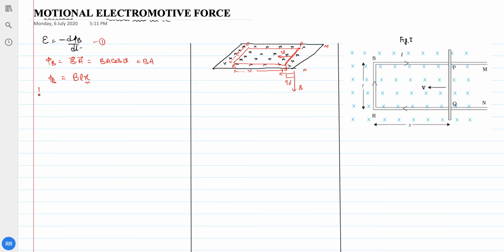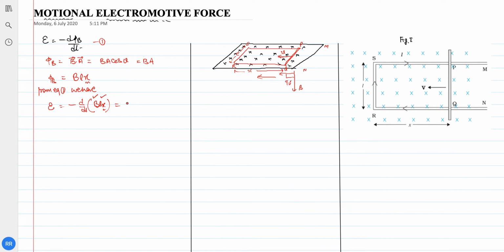So from equation 1 we have EMF equal to minus d upon dt of BLx. Okay, so here the magnetic field is uniform, this length is not changing, so only x is changing as your rod, the conductor, is moving toward left, so x is continuously changing with the motion of the rod.